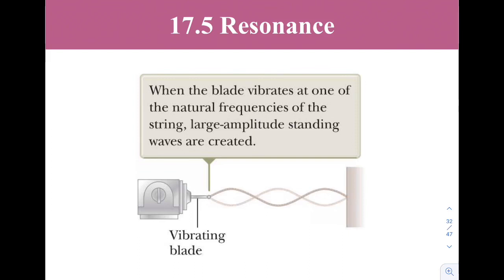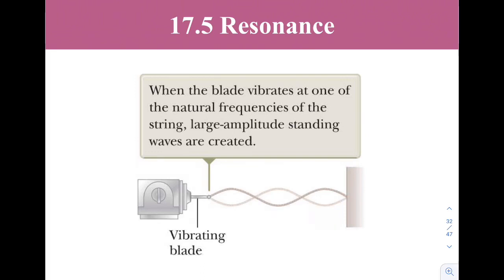We find that if a periodic force is applied to such a system, the amplitude of the resulting motion of the taut string will be greatest when the frequency of the applied force, let's say coming from the vibrator here, equals one of the natural frequencies of the system. This phenomenon is known as resonance, which we discussed in section 15.7 with regard to a simple harmonic oscillator.